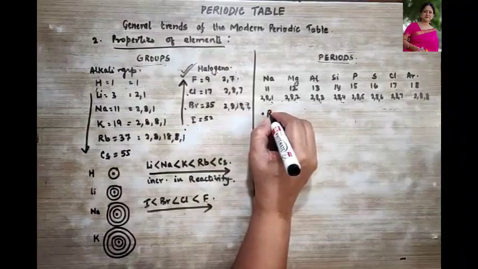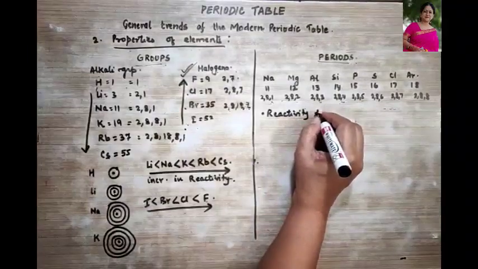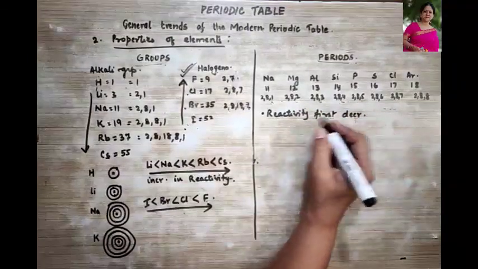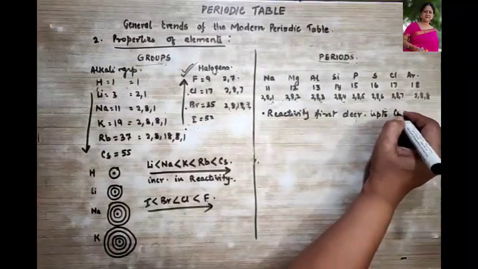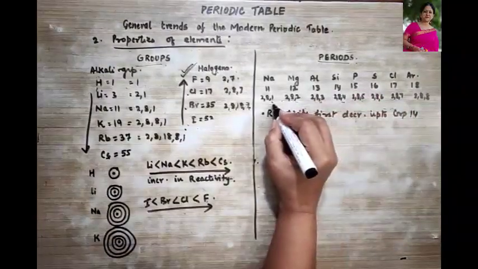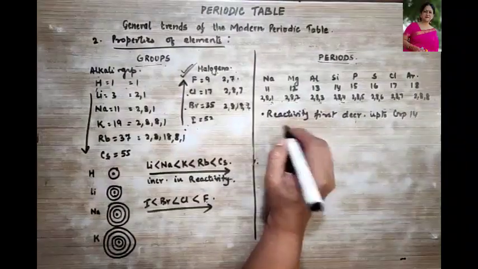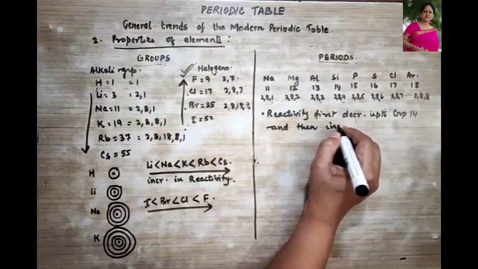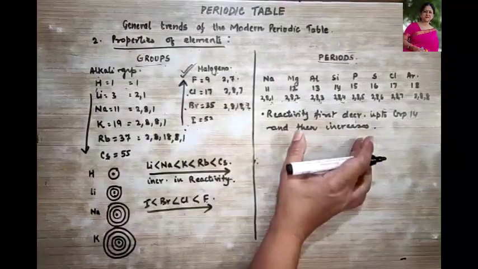So point to be noted over here, that reactivity first decreases up to group 14 till here. First it is going to decrease and then from here it is going to increase. Thus, what did we understand over here?